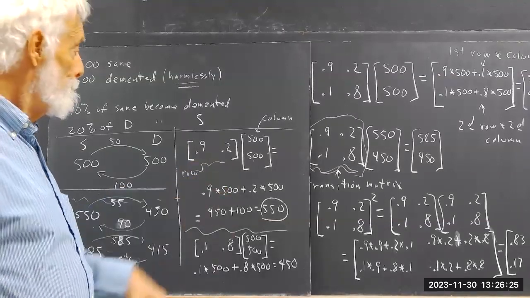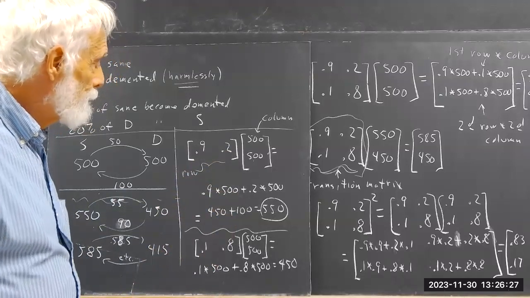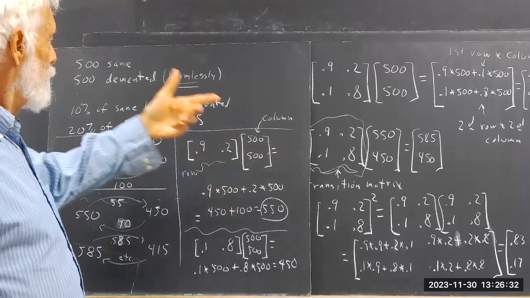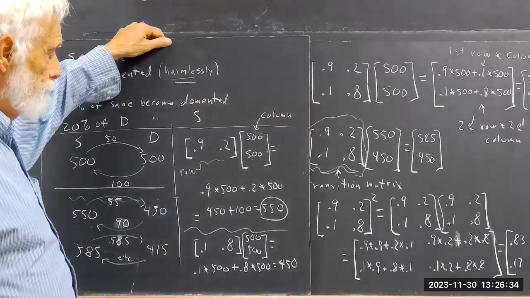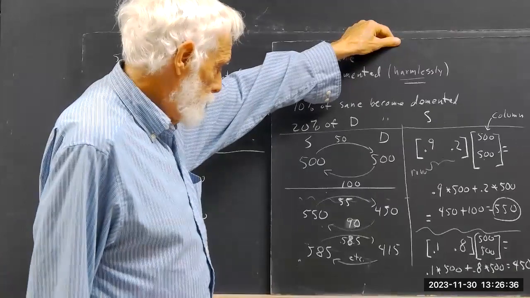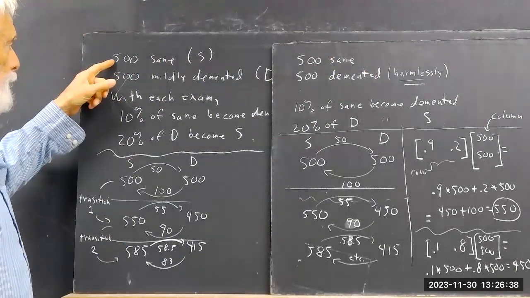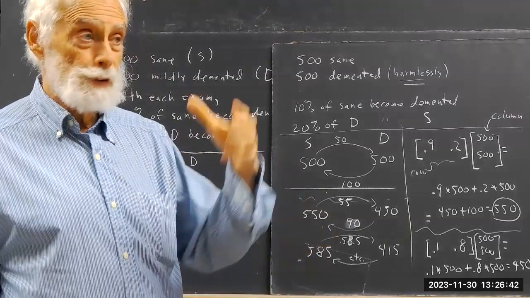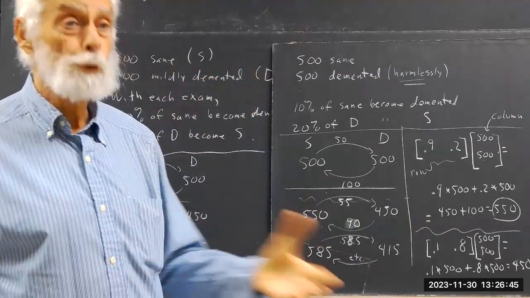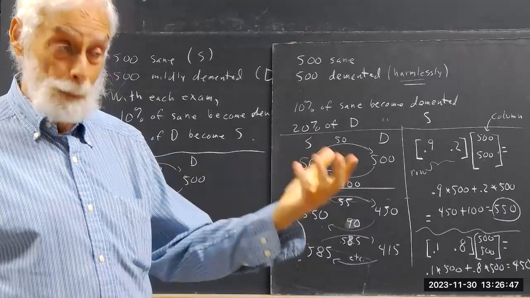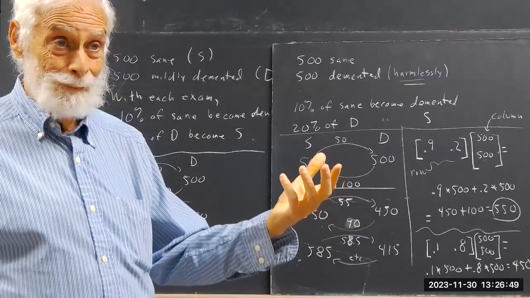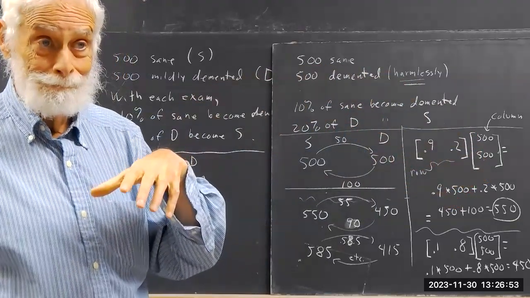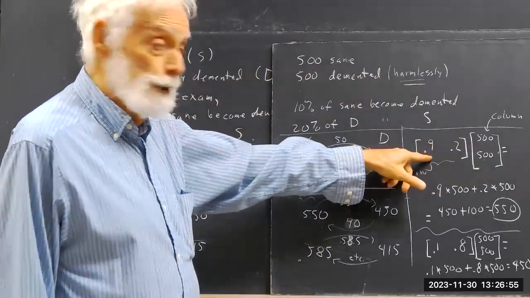Okay, well, what's 90% have to do with our model? Well, if 10% of the sane become demented, what percent of those sane people remain sane? 90%, right? If 10% become demented, then 90% are still sane. That's where the 0.9 comes from.